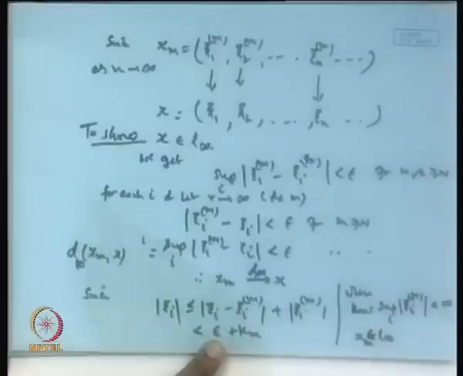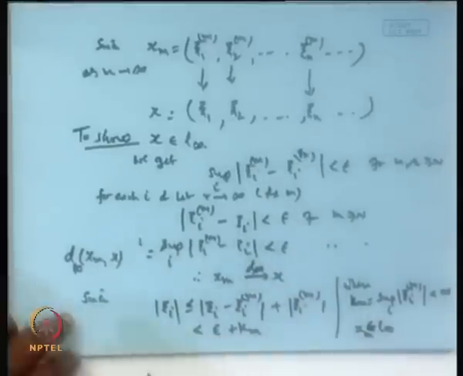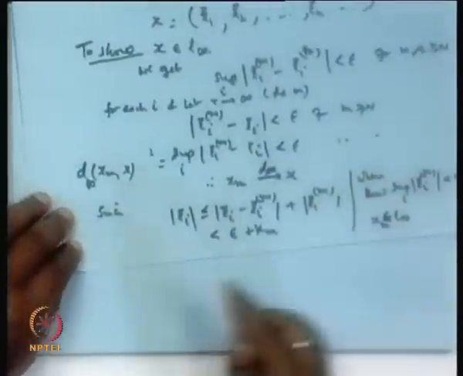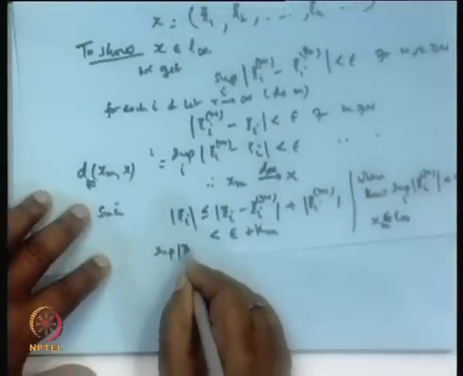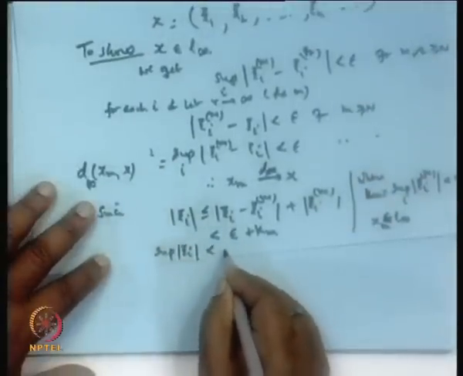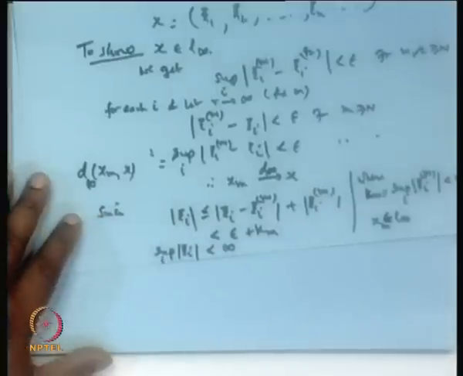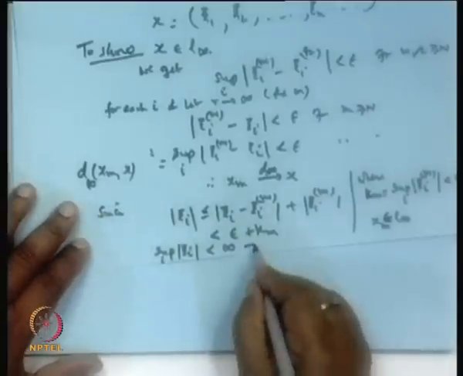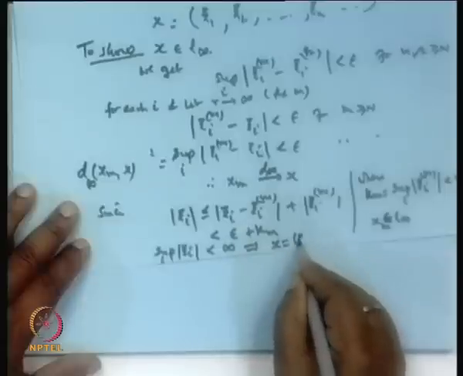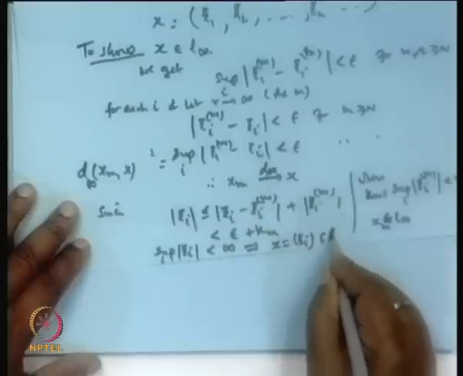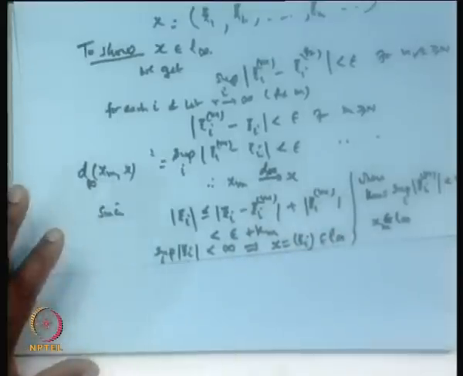The right hand side is independent of i. So take the supremum and we get that the supremum of modulus xi_i is finite. This implies our sequence x, which is xi_i, is in L infinity.